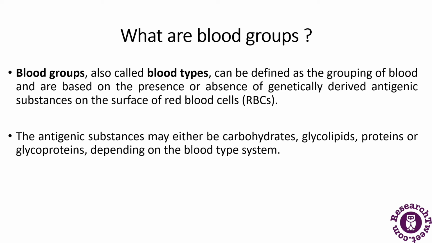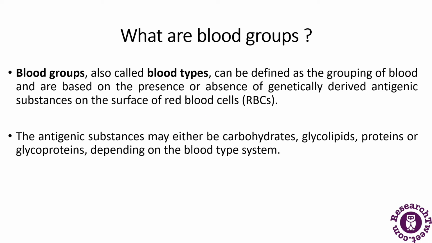So let's start with the first slide: blood groups, also known as blood types. It can be defined as the grouping of blood based on the presence or absence of genetically derived antigenic substances on the surface of the red blood cells, the RBCs.